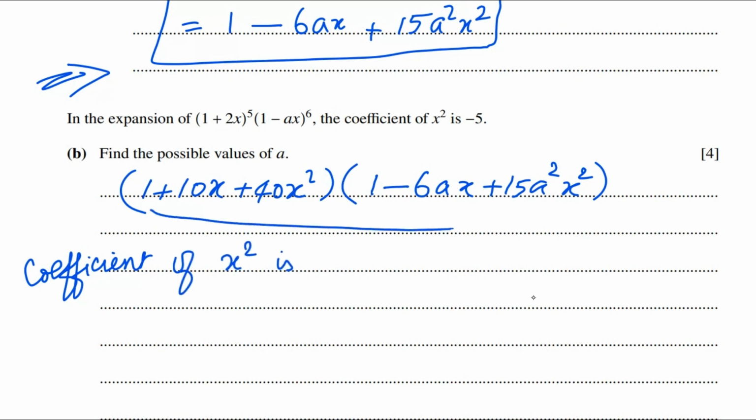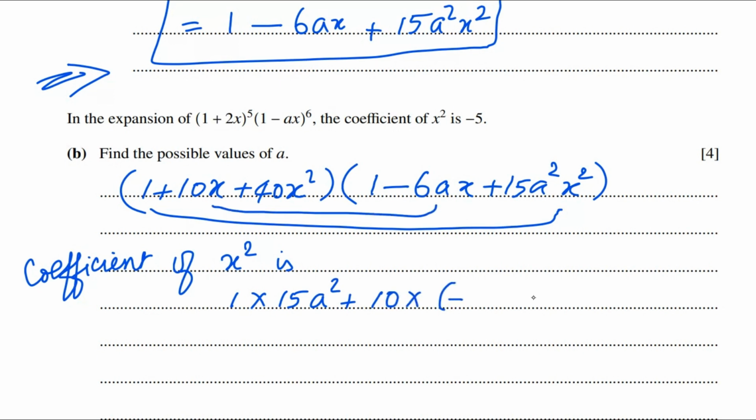So 1 multiplied by this x square term, 15a square, plus 10 multiplied by this x term, minus 6a, plus 40 multiplied by this 1, equal to negative 5.